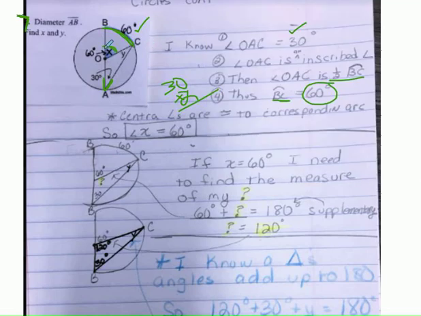My angle here, my X, also has to be 60 degrees because central angles are congruent to the corresponding arc. If arc BC is 60, then the central angle X has to be 60 degrees. So that's how I came up with the X.